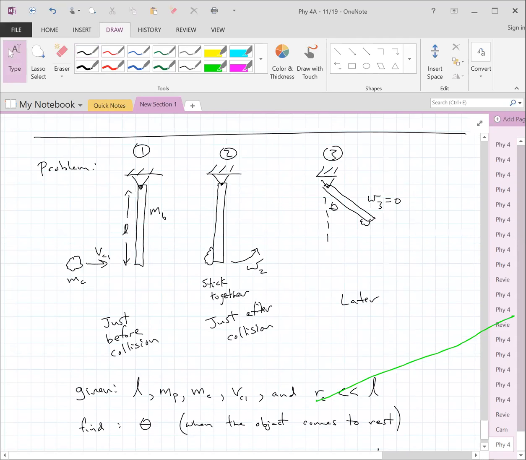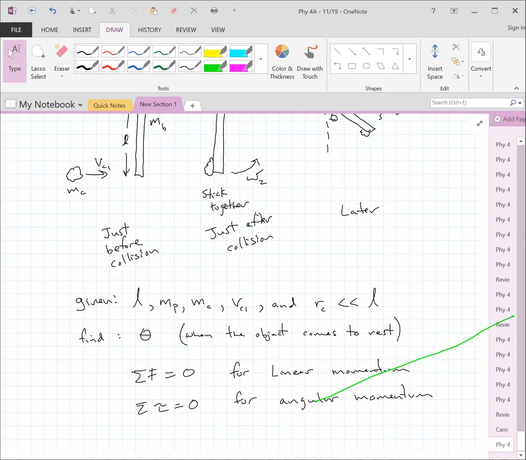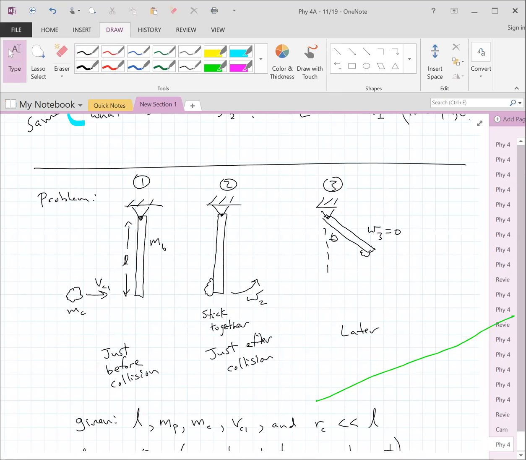I guess we could have said for some brief instant there that the sum of the forces were zero. But the problem is that we have a small point object colliding with an object that has mass distributed over its whole length, and it just doesn't work.